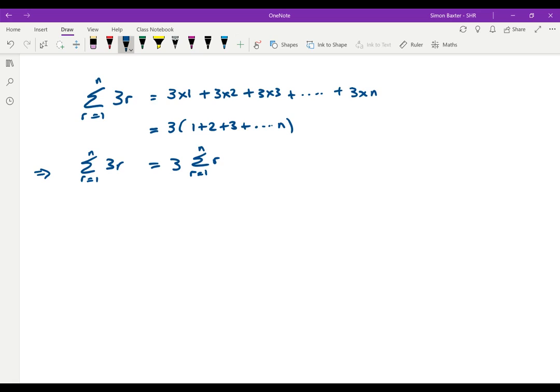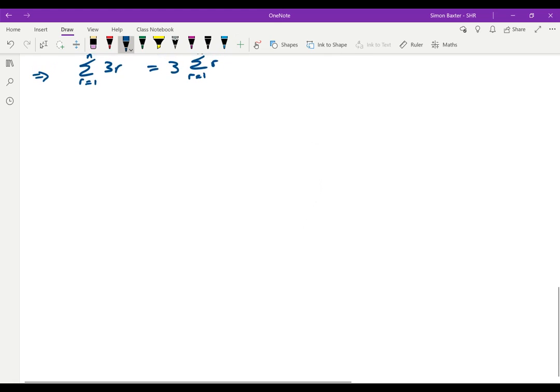Next, I want to deal with two formulae which are easily confused and people get them wrong. So let's look at these. First one I want to look at is sigma 3r plus 1 from r equals 1 to n.